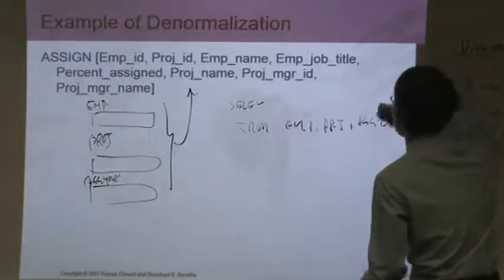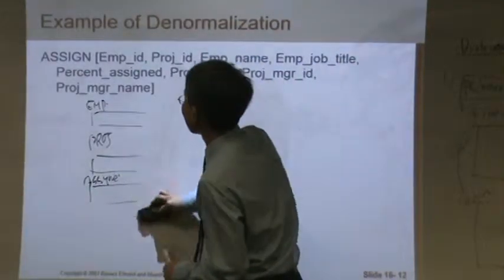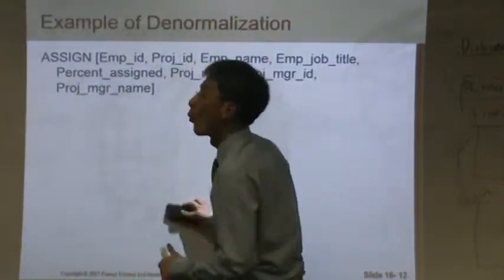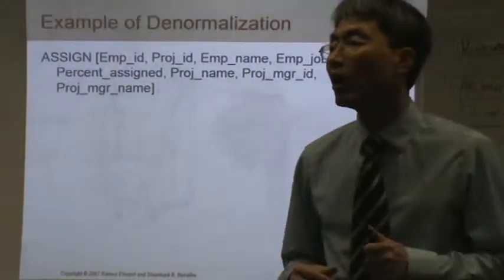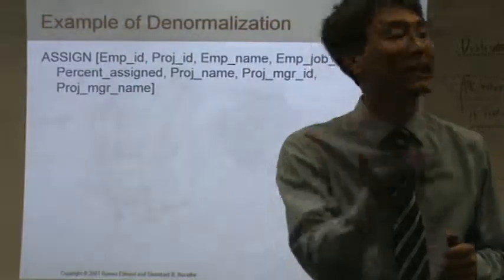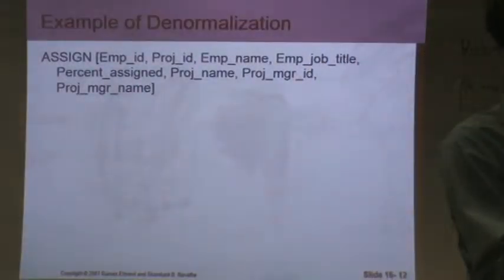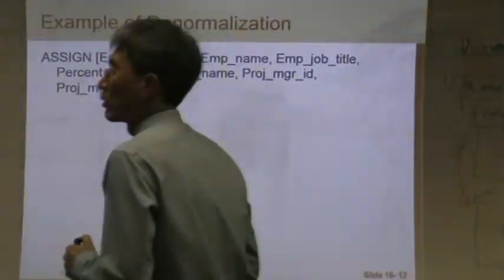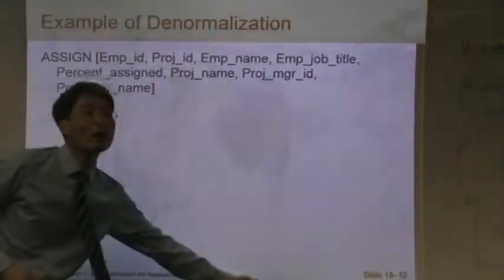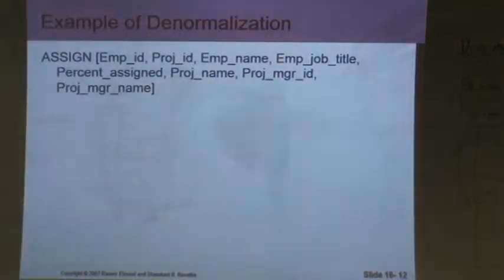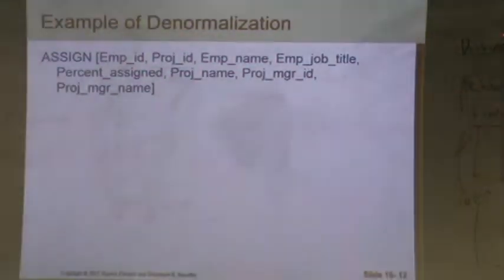So what is the goal of the denormalization? Why do you need to consider the denormalization? It's performance, it's speed, it's efficiency. That is the only reason. So you should not use denormalization a lot. Why? You may lose some important information like the employee.